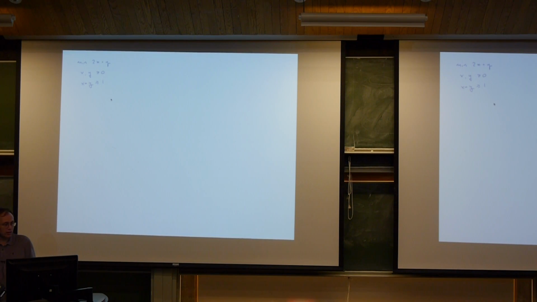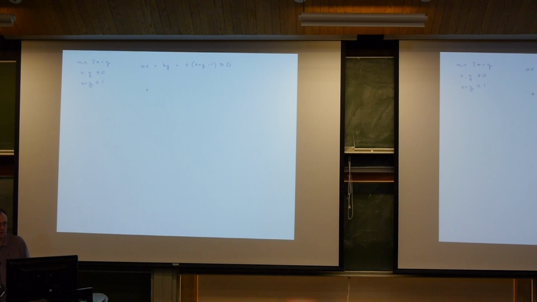What I want to do is form a lower bound on the objective. I'll form it using linear combinations of the constraints. So I'll take a times x plus b times y plus c times (x plus y minus 1), and that's going to be bigger than or equal to 0.